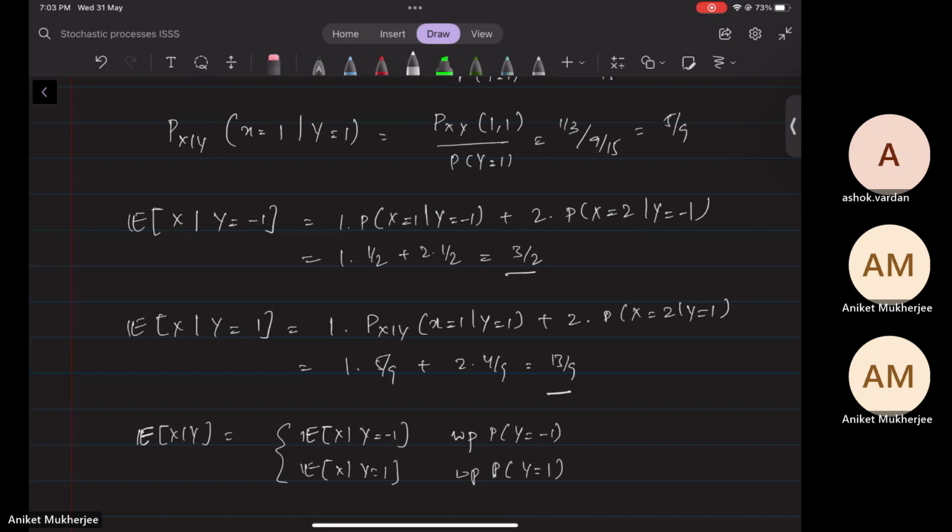So expectation of x, if you know that y equal to minus 1, then that is 3 by 2. If you know that y equal to 1, then that is 13 by 9. But since y itself is random, you don't know which will occur.